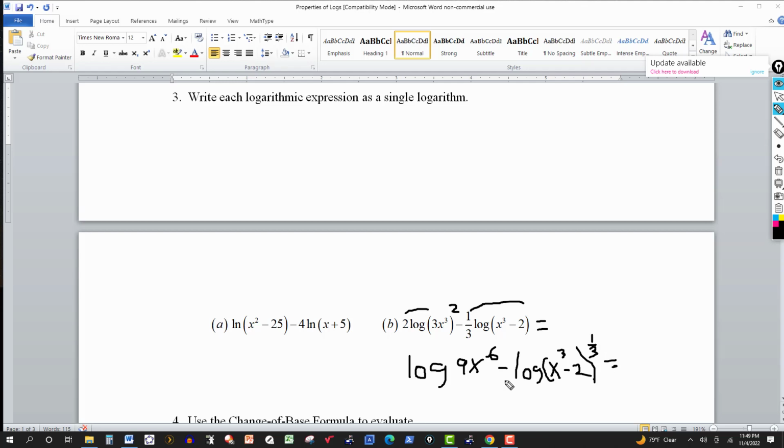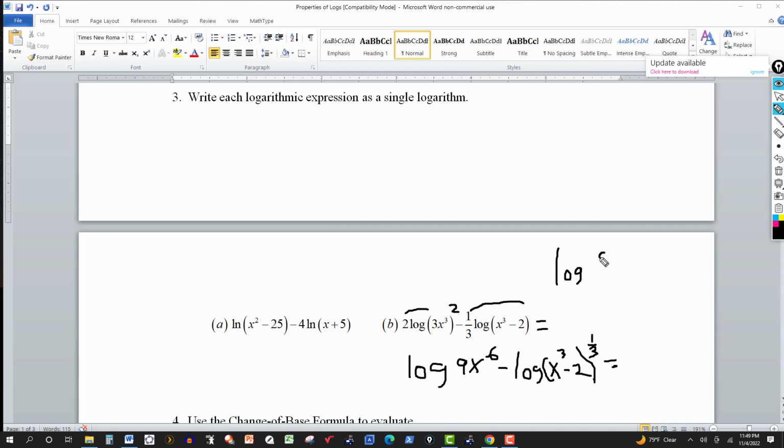When you have a difference, it's going backwards now. It's going to be the log. If this were a plus, then it would be a product. Because it's a minus, it's a fraction here, or a division. So this will be the log. And remember here, you have log, no base. That's understood to be base 10.